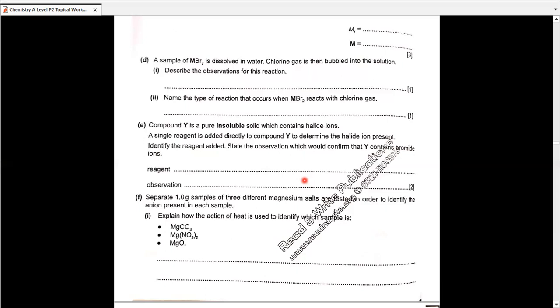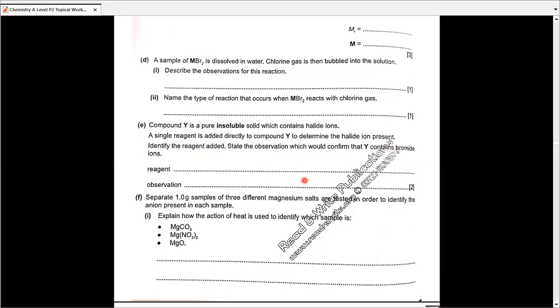We can add sulfuric acid, and then the observation will be that a reddish brown liquid forms. Liquid. A pretty exothermic reaction.